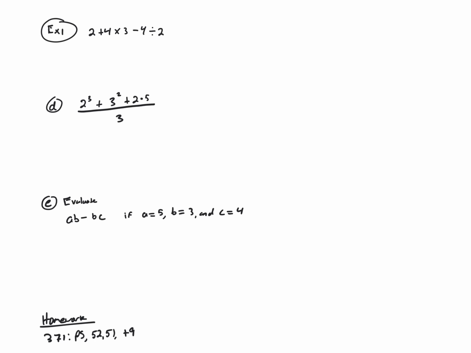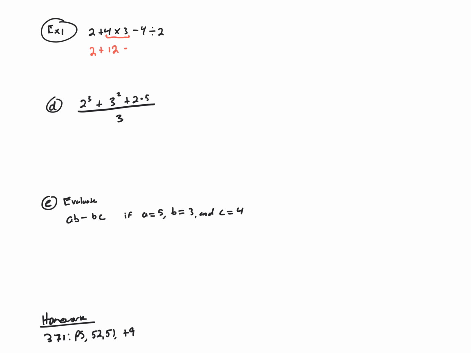Let's try these. This is like example 1 in your book. So we're going to go through here. I don't see any exponents. I don't see any parentheses, so I'm going to skip down to part 3, which is multiplication and division from left to right. So I see this multiplication right here. I haven't done anything with that 2, so I'm going to leave it there. 4 times 3 is 12.